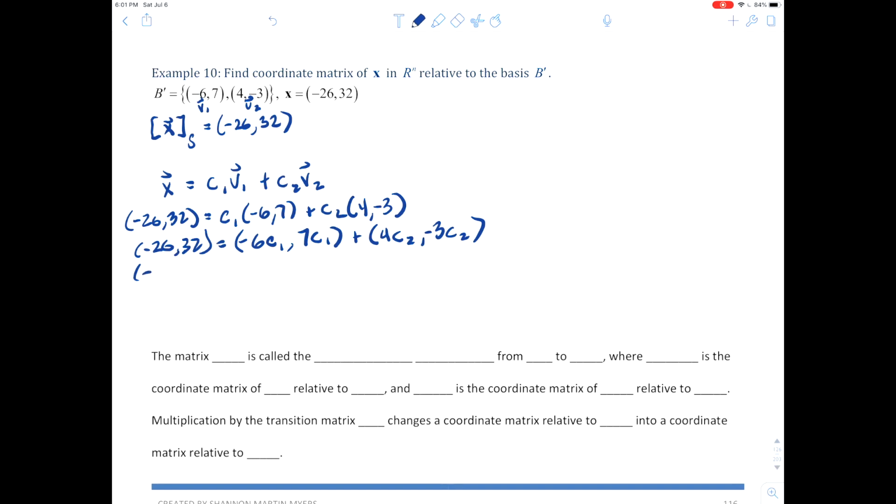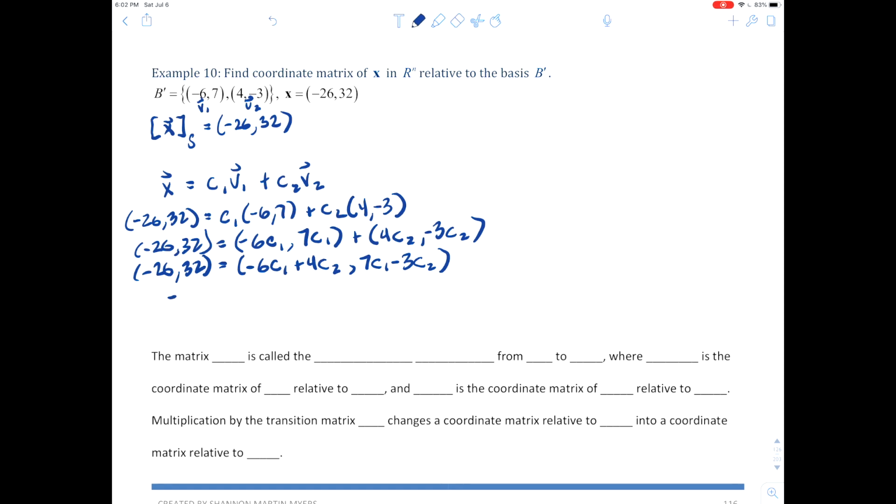And then getting one matrix on the right side, what would we have? Negative 6c1 plus 4c2, comma, 7c1 minus 3c2. We've done stuff like this before. We're just finding something new.